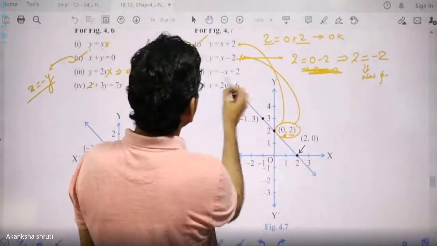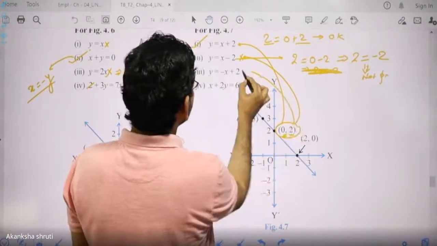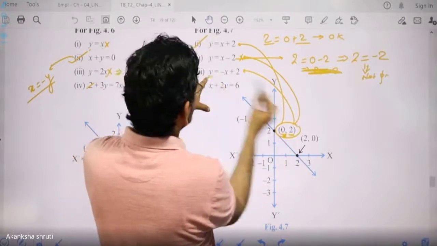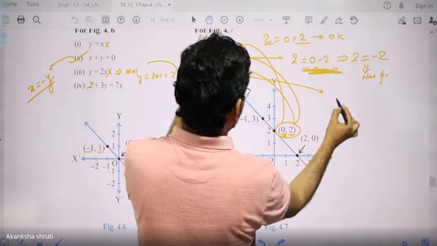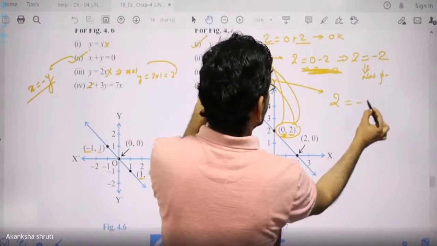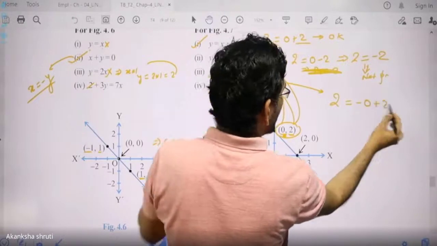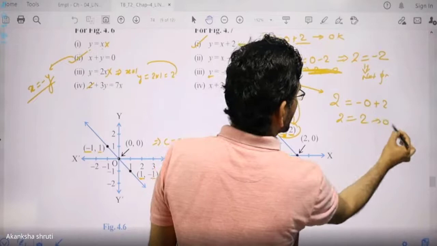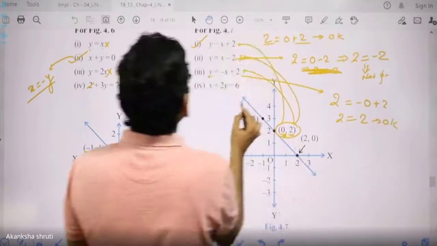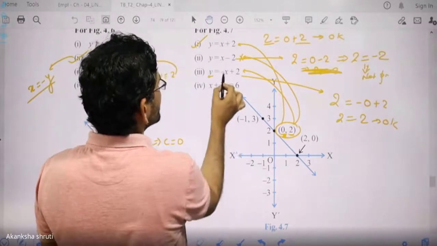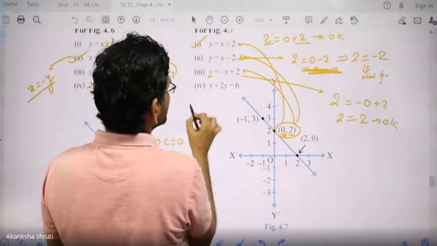Similarly, you can also verify that. Let us take the third one. If we put this in the third one, students, x is 0, y is 2. So 2 equals minus of 0 plus 2. Minus 0 plus 2 is 2, so it is okay. Students, this graph is also valid for the third one.